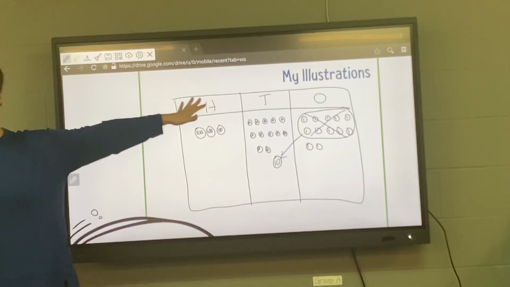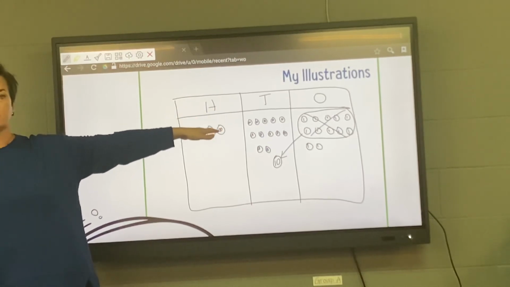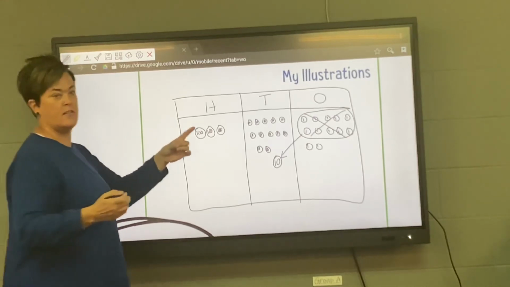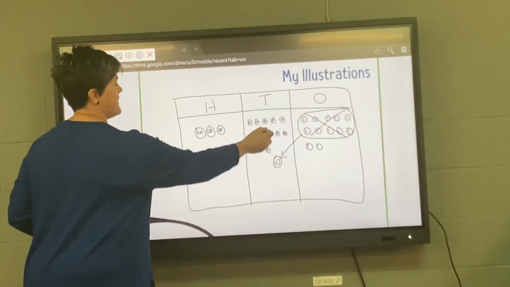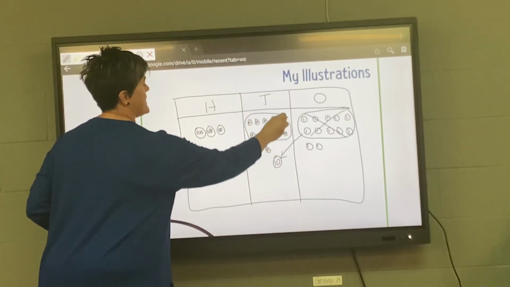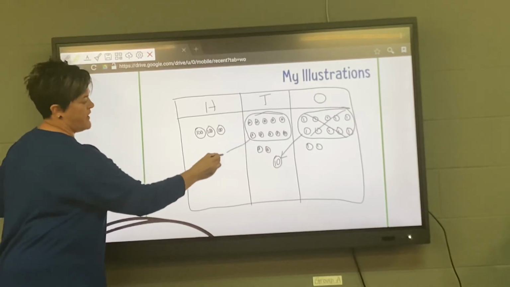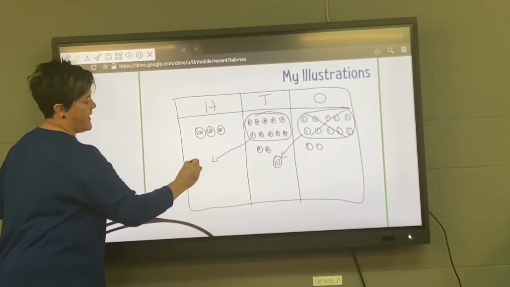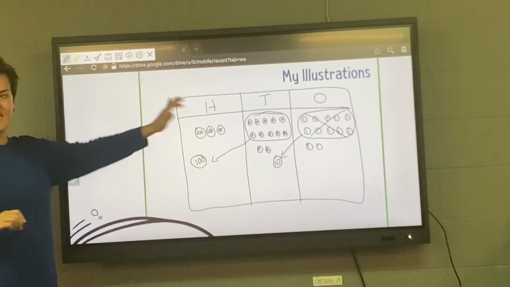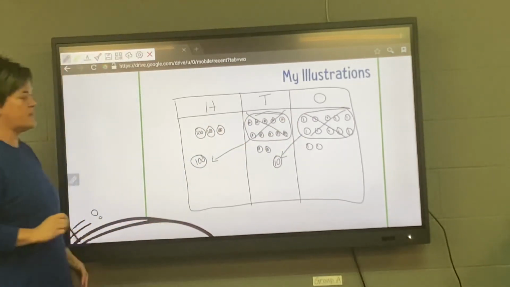Could we do that with some of our tens? How many tens would we need to be able to move it over to the 100? 10. Do we have enough? Yep. 1, 2, 3, 4, 5, 6, 7, 8, 9, 10. I have 10 there. Where do those 10 tens move to now? Over to the hundreds. So now I have another 100 here. Do I have them in my tens anymore? No, they were regrouped.